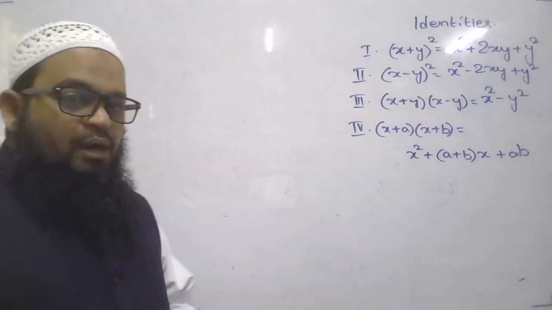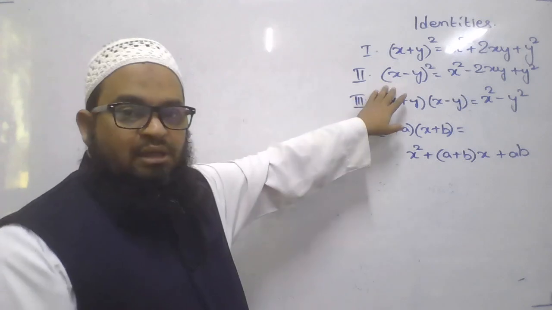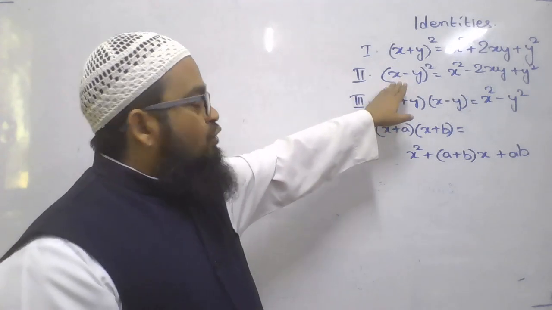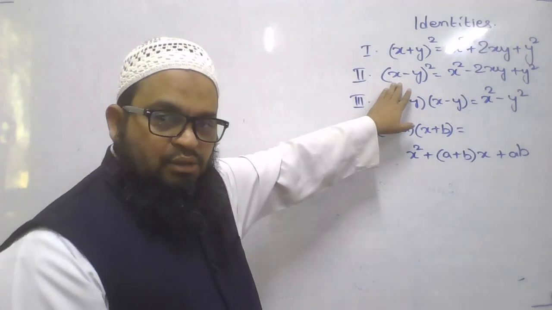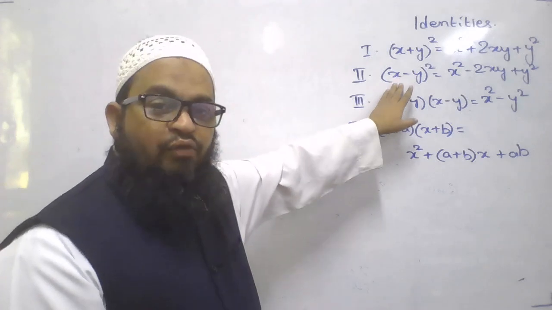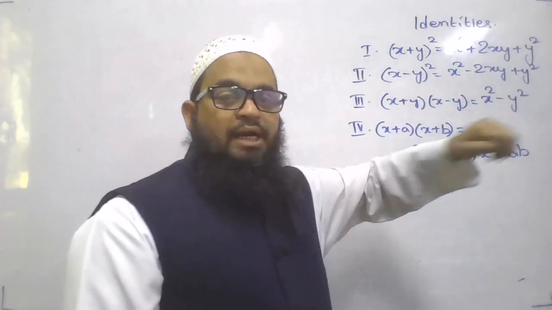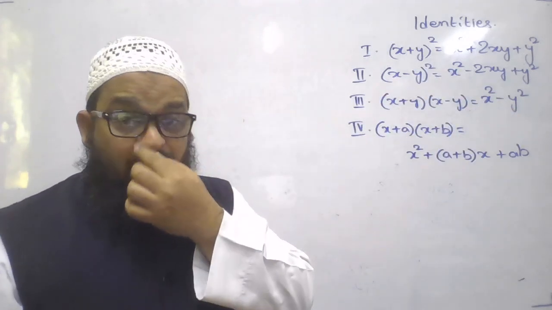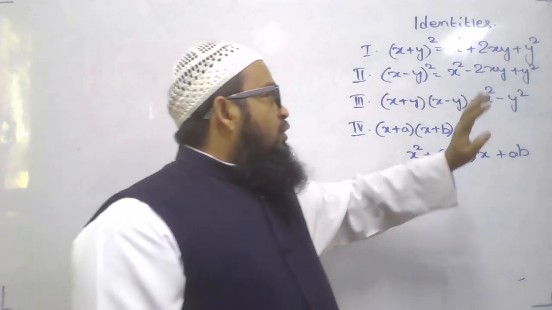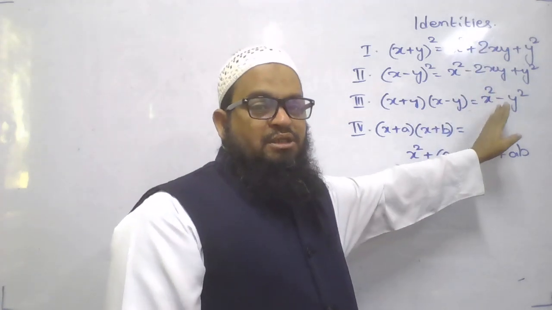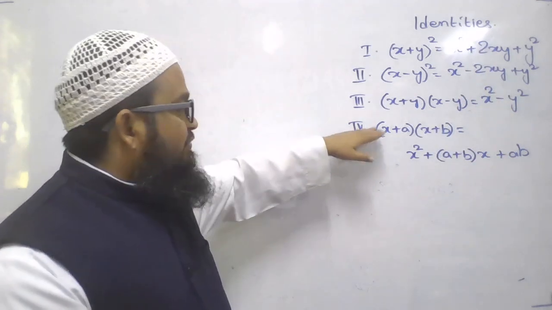In grade 8, they would give you the expression, and we used to expand it using identities. But in grade 9, we are going to factorize the expressions into the left hand side.